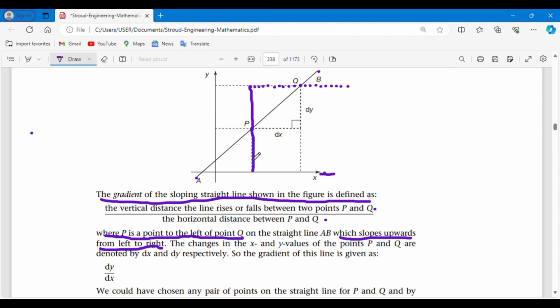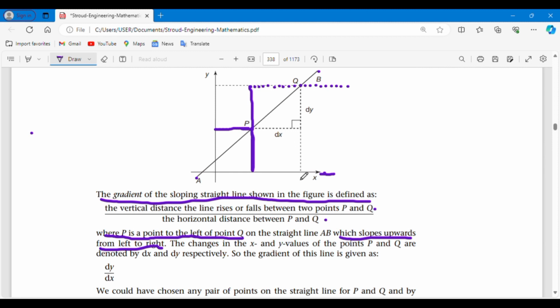So this is the value of x to this point, and this is the value of y to this point. So when they say the changes in x and y values of the points P and Q, this is the y value of point P, and this is the x value of point P. And let's look at point Q also.